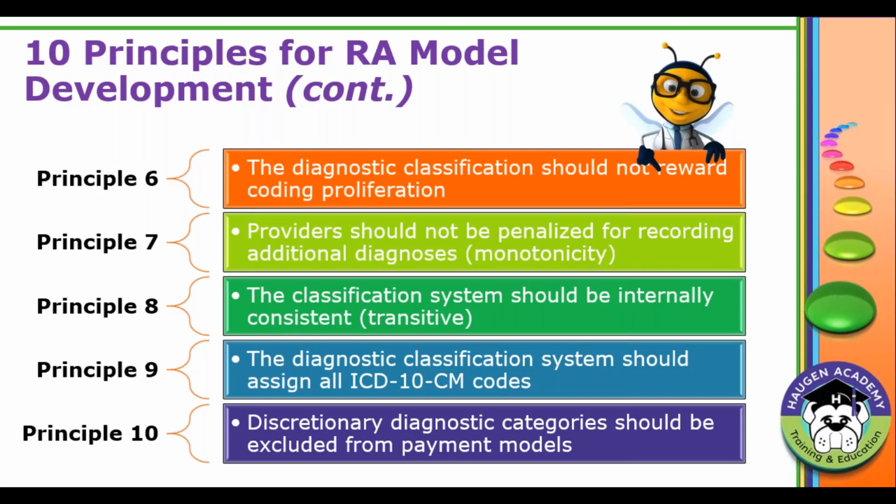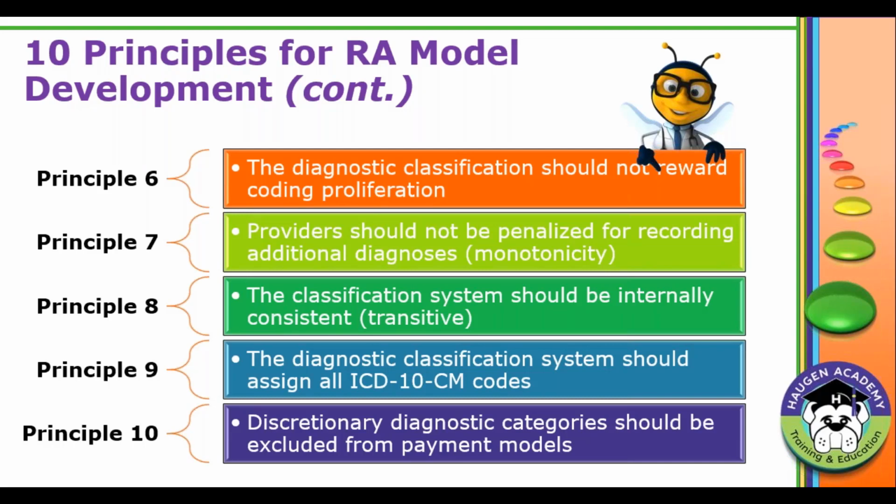Principle number 8, the classification system should be internally consistent. So this kind of goes back to algebra. When somebody told me that, I was like, oh no, here we go. I went into coding because I didn't think there would be math. There's math.